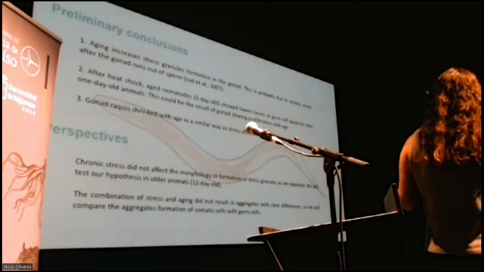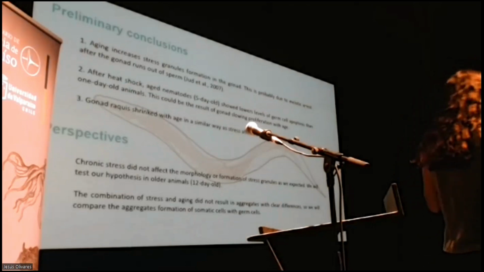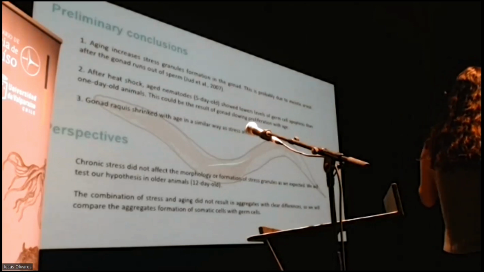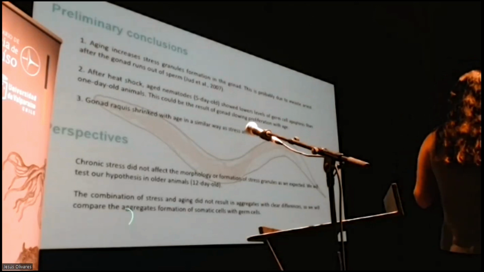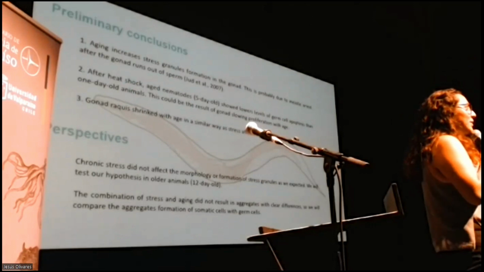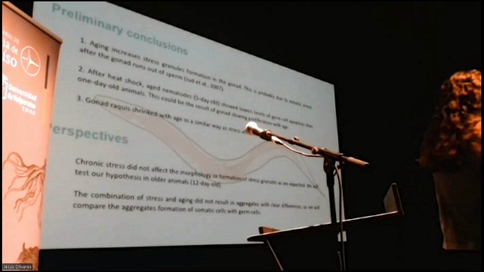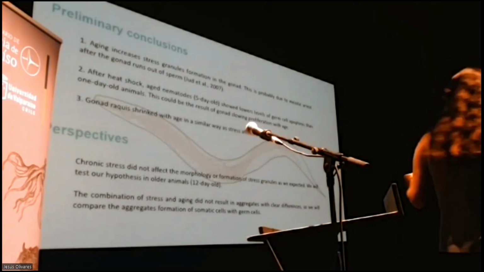Also, in the number of apoptotic cells, they can increase the apoptotic response, and this could be because of the slowing proliferation with age. Finally, the gonad apparently is already in stress because of the meiotic arrest, so that's why they can't shrink anymore.